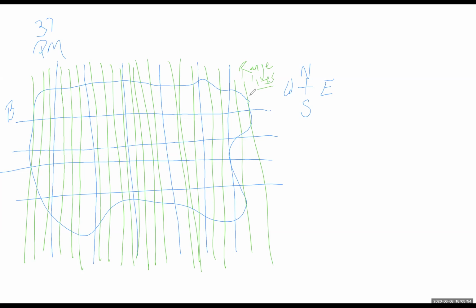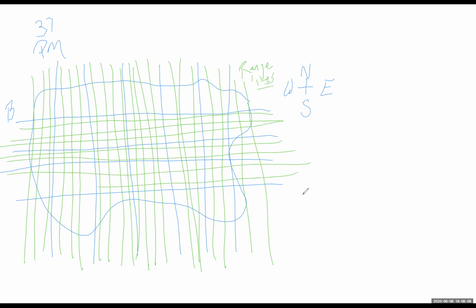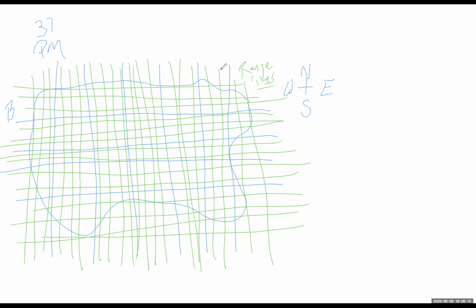And then again, these baselines are pretty big from each other, so we want to drill down even more, every 6 miles. 6-mile strips, 6-mile strips, boom, boom, boom. What are these called? Those are township lines.